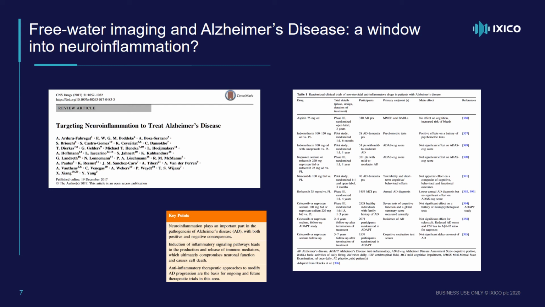As a consequence of this, several trials are now focusing on compounds that target this inflammatory chain reaction within the brain. Importantly, these kind of inflammatory processes have a much greater impact upon the extracellular compartments, and so it's hoped that the free water imaging technique may give us a more precise view of this particular dimension of Alzheimer's disease.